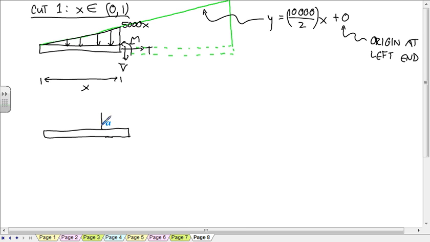So here somewhere. And what's the magnitude of it? 5,000x times x divided by 2. You're just calculating the area of that triangle still. You just have a bunch of x's in there. So the magnitude is 2,500x squared.